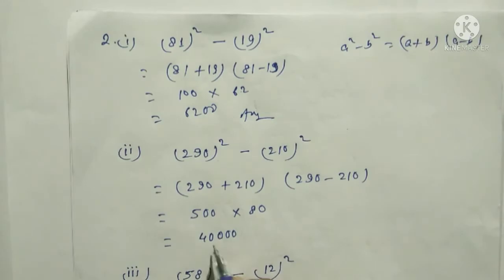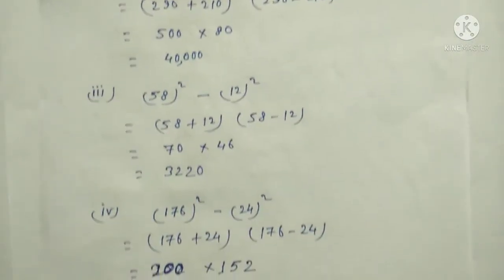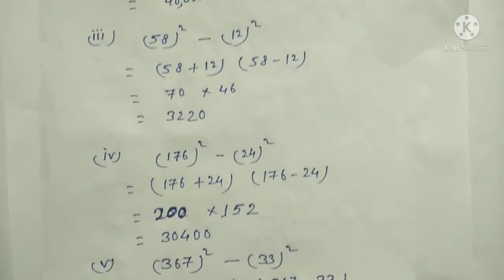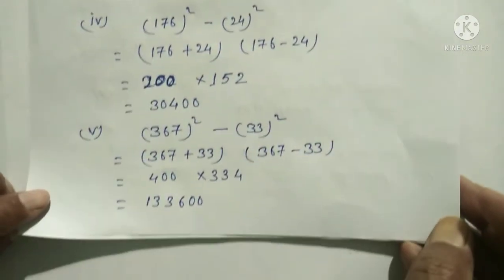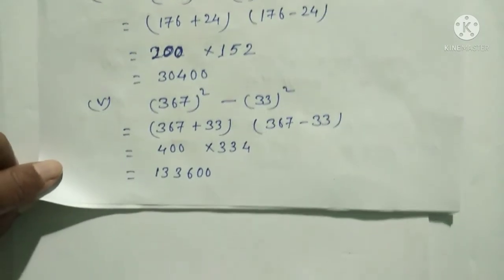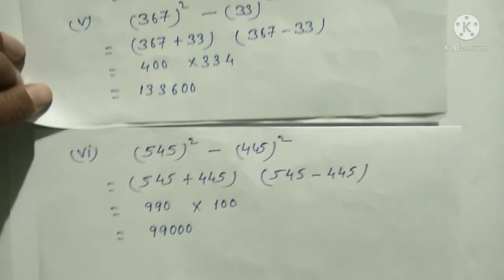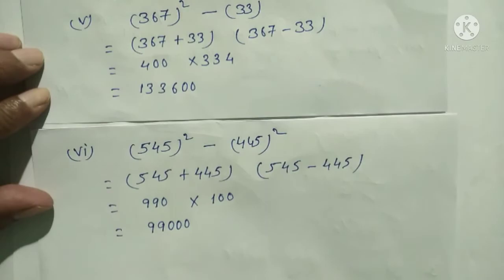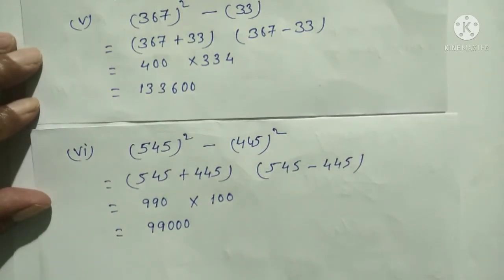So it is 40,000. Similarly, you can solve the third, fourth, fifth and also sixth numbers. In the same way, you have to add and subtract, then multiply.